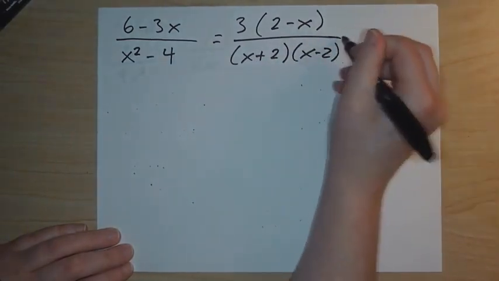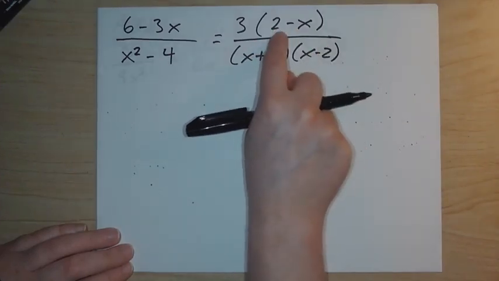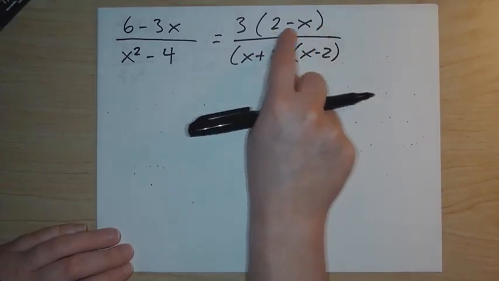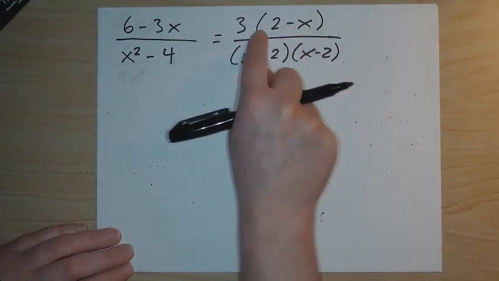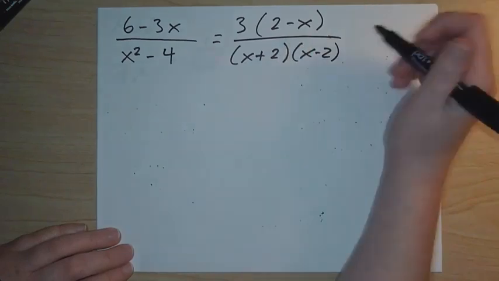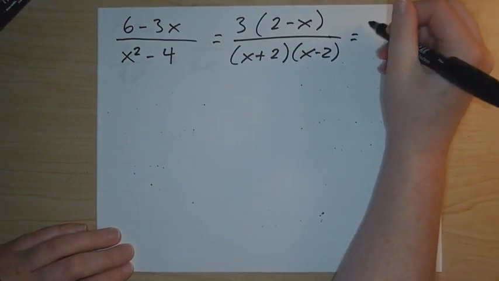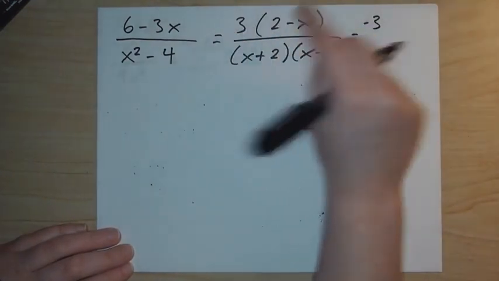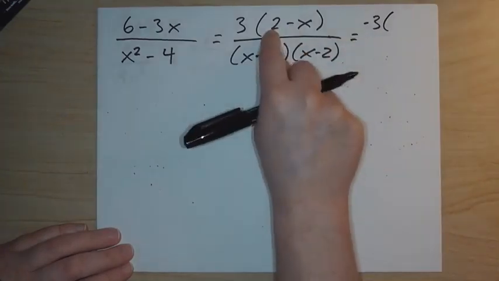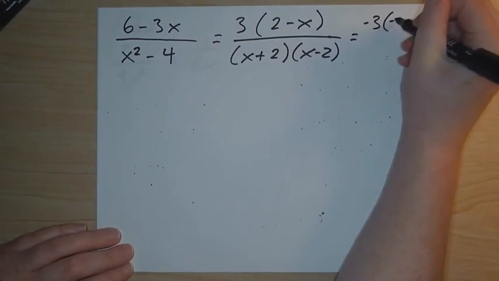Now at first you may think, hey, none of these are alike. However, we can actually switch this 2 minus x to x minus 2 by factoring out a negative. If we factor out a negative from 2 minus x, we're left with negative 3, I'm just putting the negative 1 in front of the 3, times negative 2, because factoring out negative 1 from a positive 2 is negative 2.